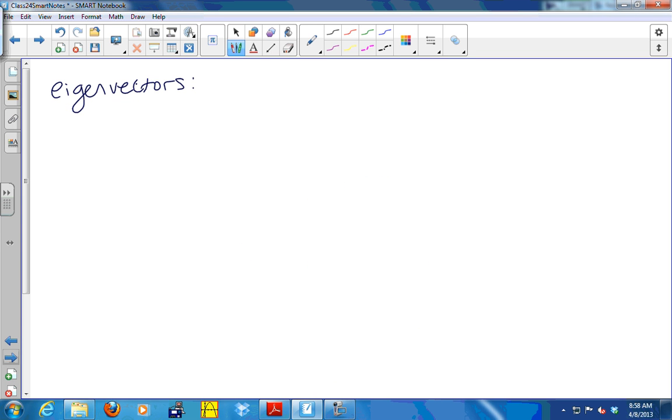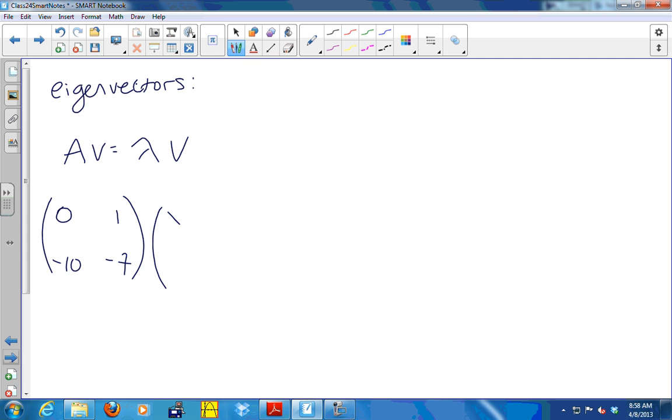All right, so for my associated eigenvectors, I solve A v equals lambda v, plugging in for each lambda. So A was 0, 1, -10, -7. Plug lambda in there.